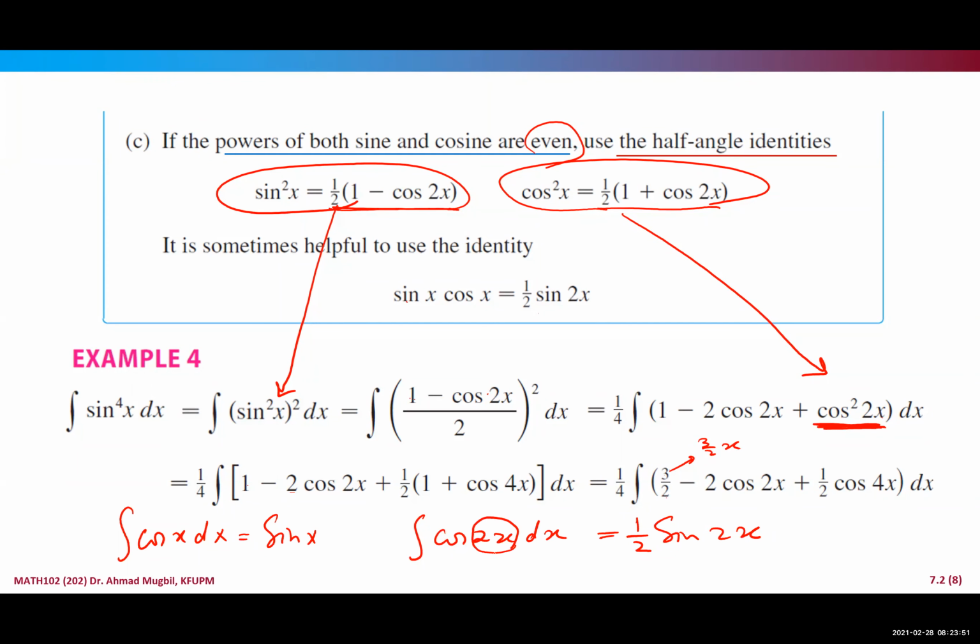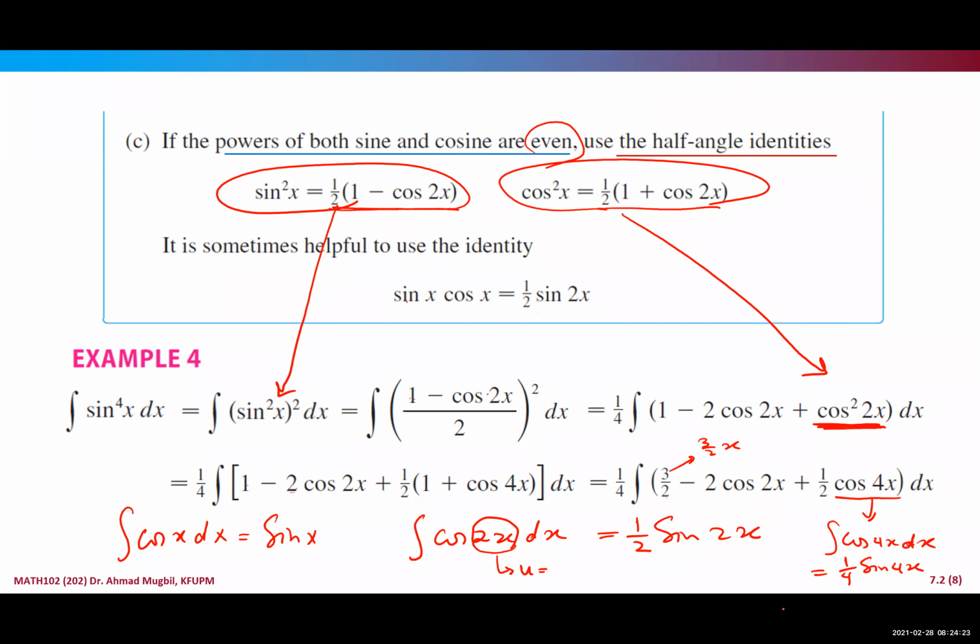Because of the inner function, its derivative is 2, so we will divide by 2. You can use substitution, Shabab, putting this equal to u, but I think there is no need because it is a trivial substitution. But you can use it if it is not clear for you. The same thing you do here. So the integral of cosine 4x will be equal to 1/4 sine 4x.